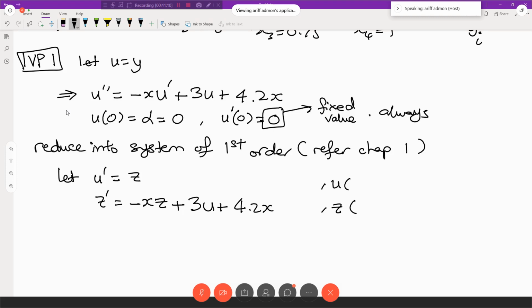So what is the value that we should put here? From here, this is 0, this is 0. So u0 is similar as here, equal to 0. What is z0? z0 means u prime 0. Where is your u prime 0? Here, from the second condition, zero.